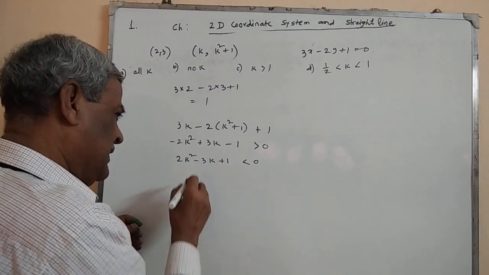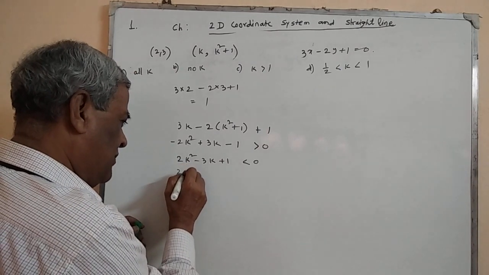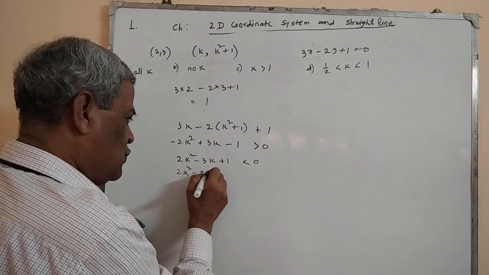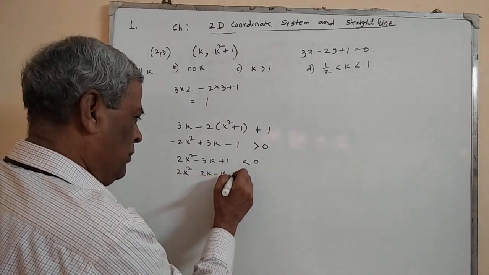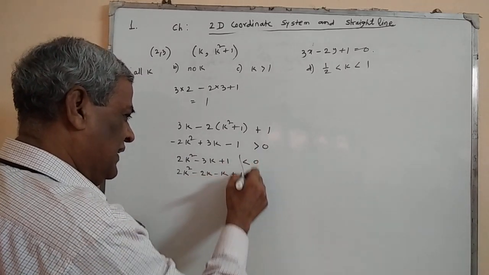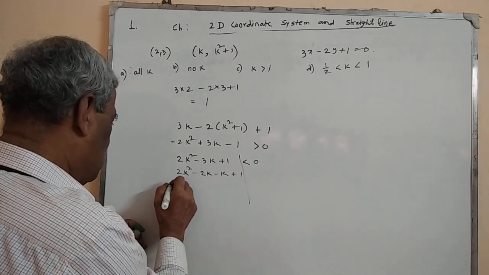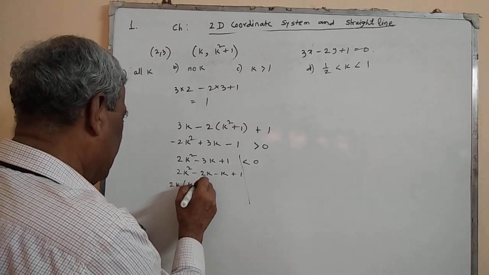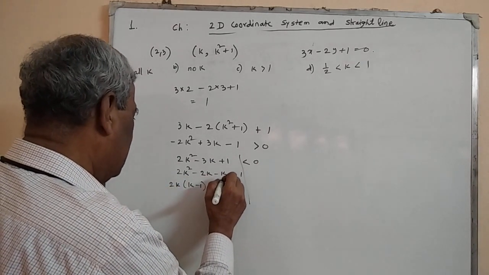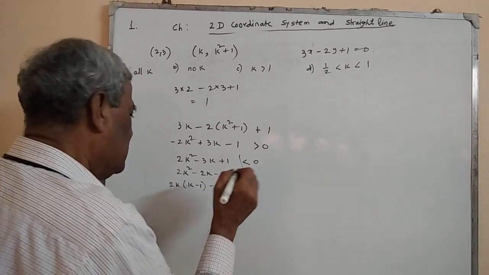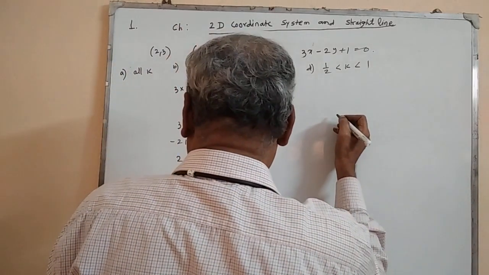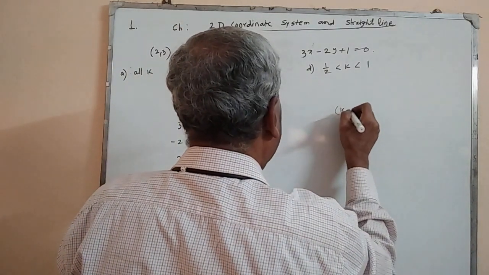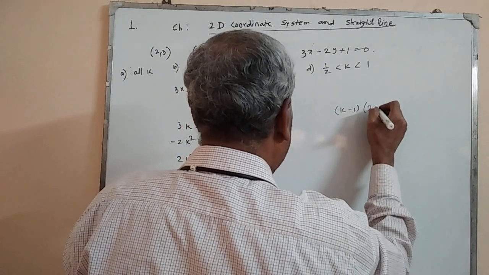You can factorize it. I think it is 2k square minus 2k minus k plus 1 on the left side. So 2k into k minus 1 minus 1 into k minus 1. After factorizing, it is k minus 1 into 2k minus 1.